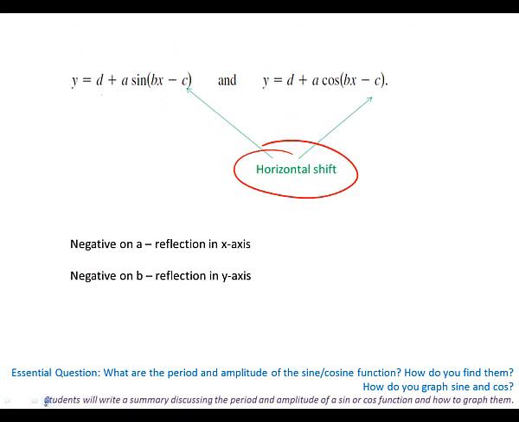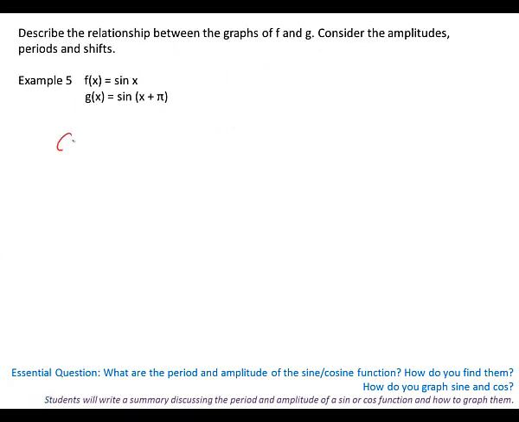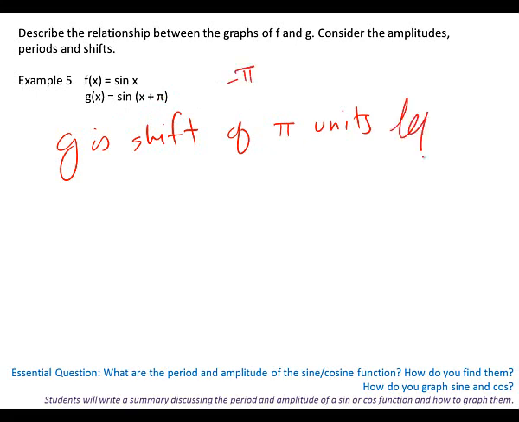Okay, horizontal. So in the horizontal direction, we would say G is a shift of pi units, because we're adding pi. But remember, when we come in or out of parentheses, what are we supposed to do to the sign? Change it, right? So it's really a negative pi. So it's pi units. Negative means we go to the left.